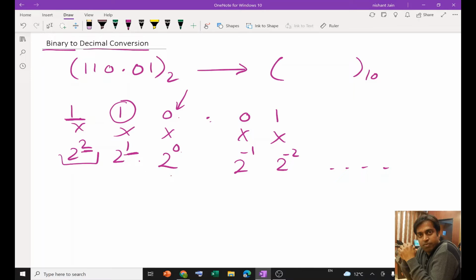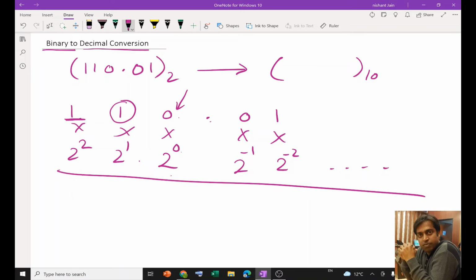Once we multiply, we get 1 into 4, 1 into 2, 0 into 1, and after the point, 0 into 0.5, and 1 into 0.25.